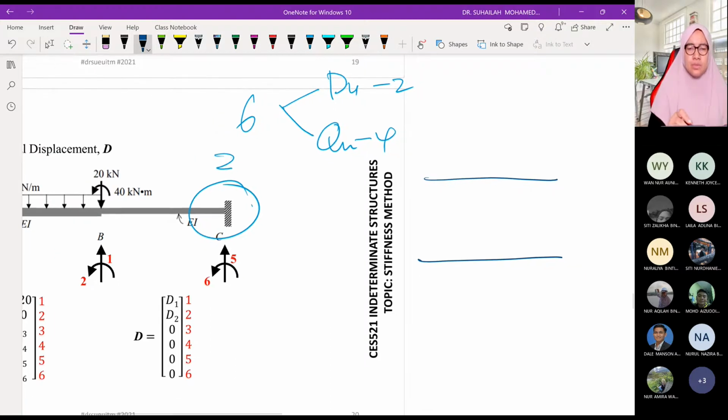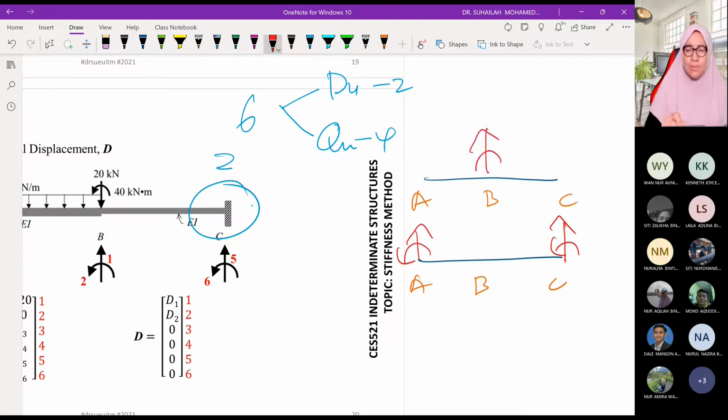So this will be A, B, C, A, B, C. At fixed we have this, and at unconstrained we get this. In total we get 6.